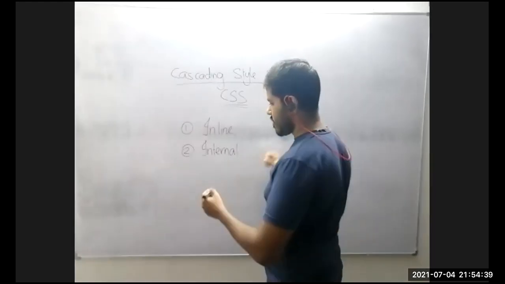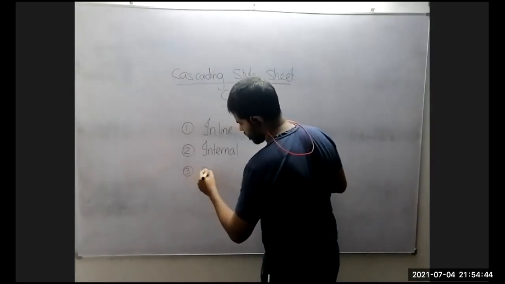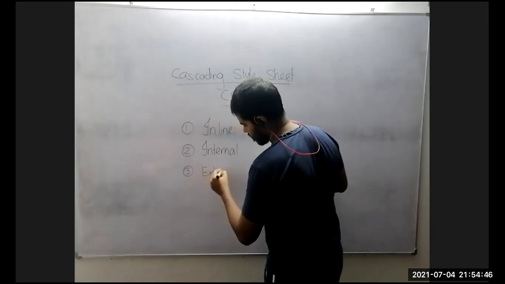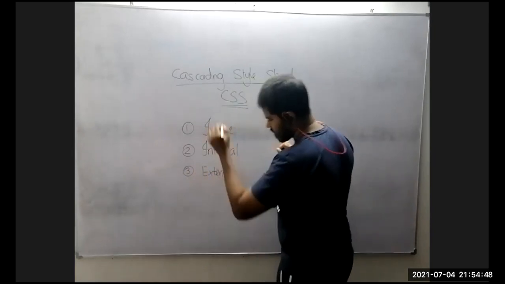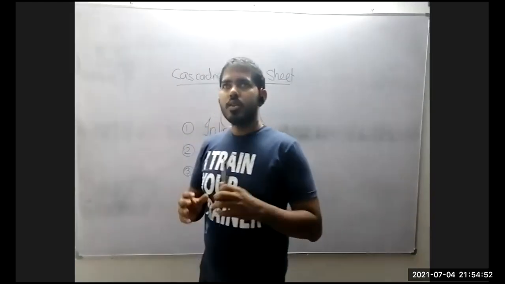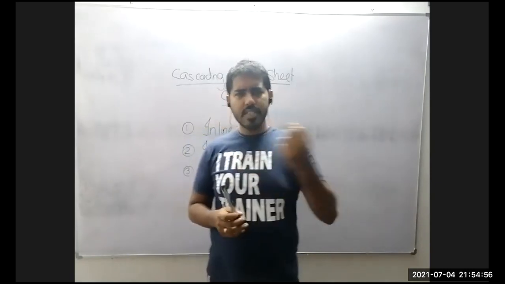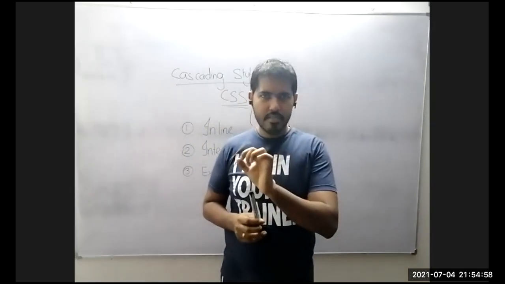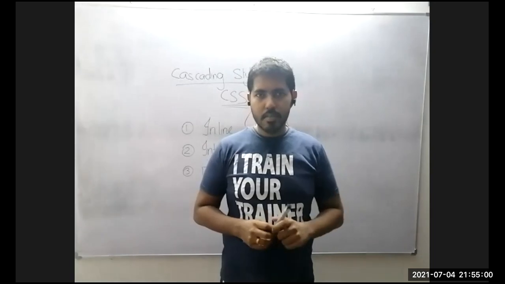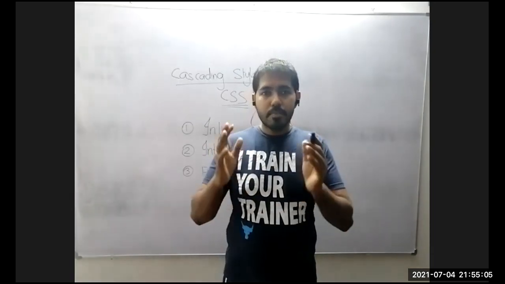Okay, so those are called internal CSS. And the last one is external CSS. Like HTML, which we save as a .html file in a separate location, the CSS I'm going to save in a separate file.